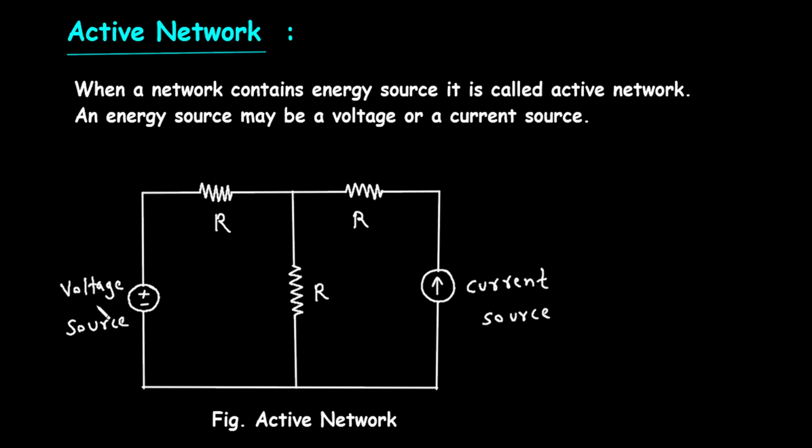This voltage source is an energy source. This current source is also an energy source. An energy source may be voltage or current source. So if it contains a current source or a voltage source or both, then it is called an active network.